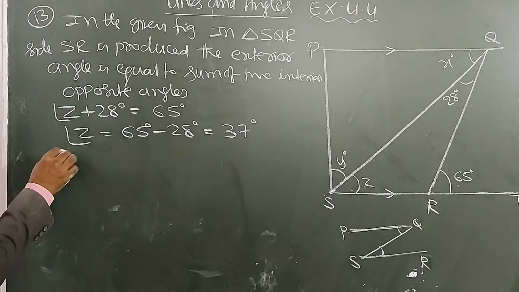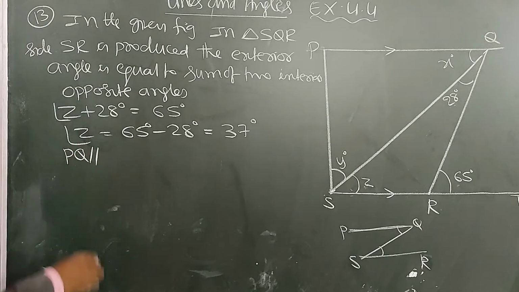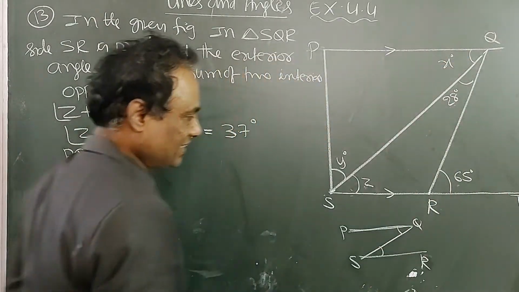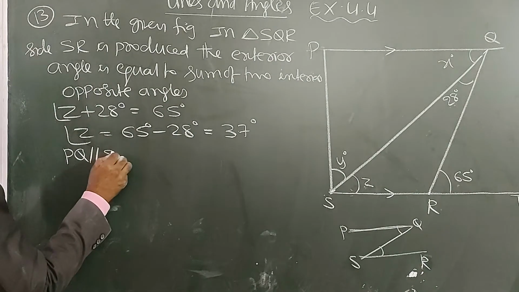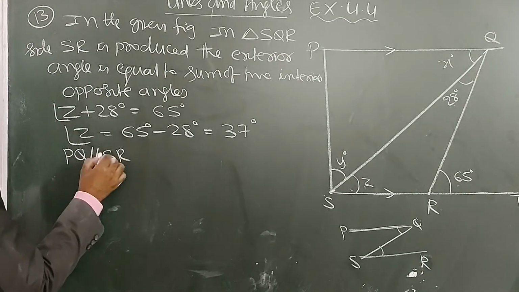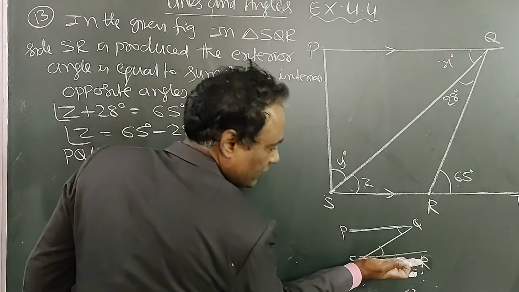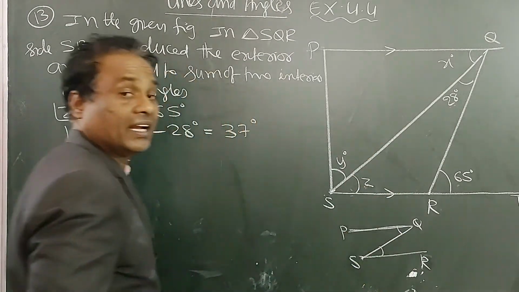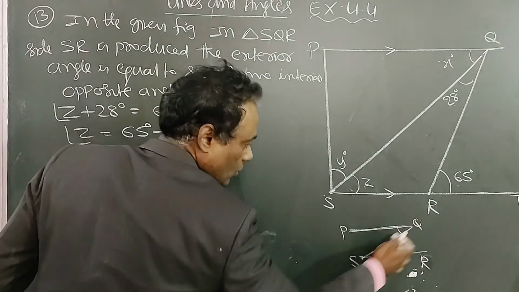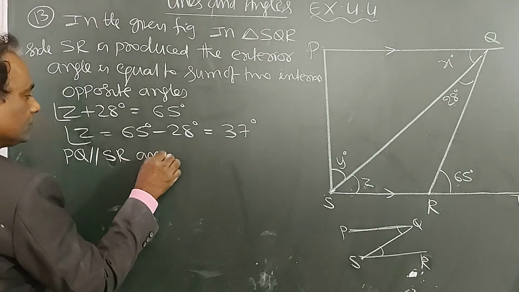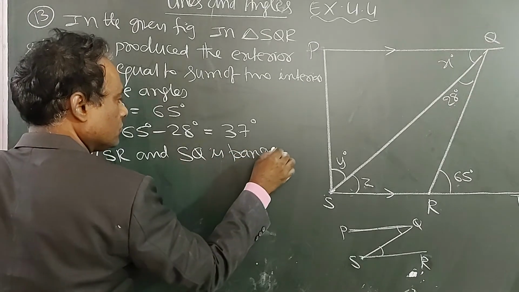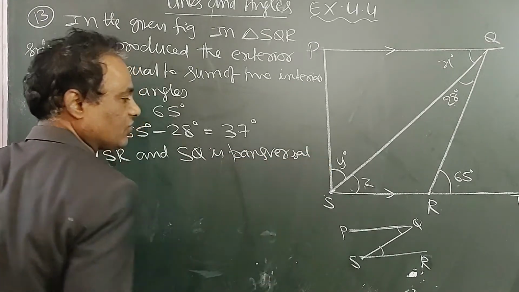Now, PQ is parallel to SR or ST. Same here, PQ is parallel to SR and SQ is a transversal.